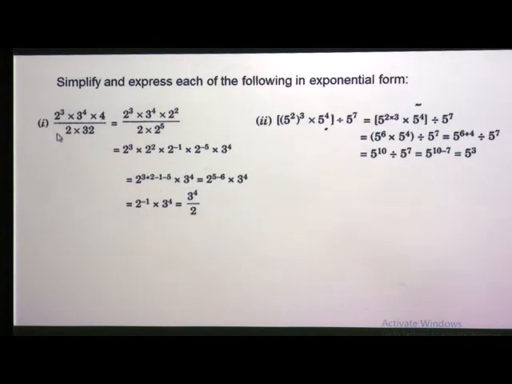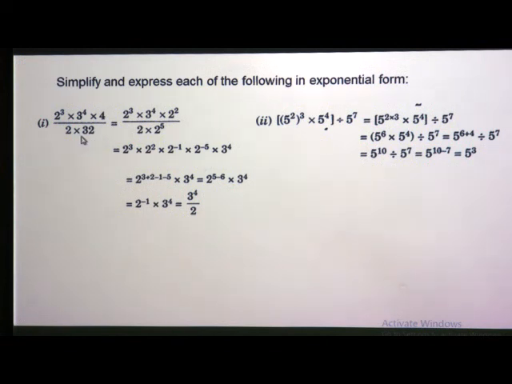One example is here, we will try to solve: simplify and express each of the following in exponential form. Here 2 to the power of 3 multiplied by 3 to the power of 4 multiplied by 4 upon 2 into 32.